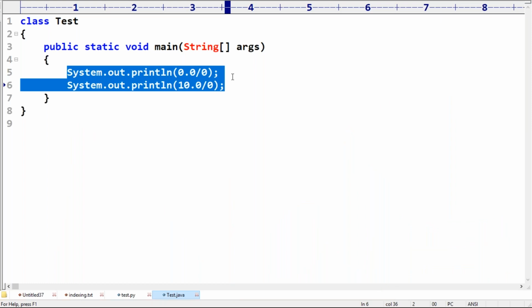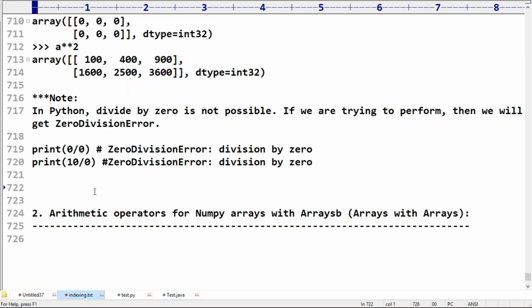It is used to represent undefined values. NumPy also follows the same style. If the result is undefined, we never get a ZeroDivisionError; we get NaN.